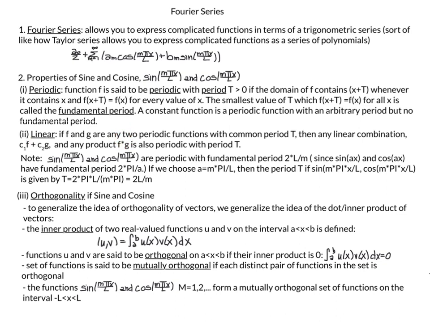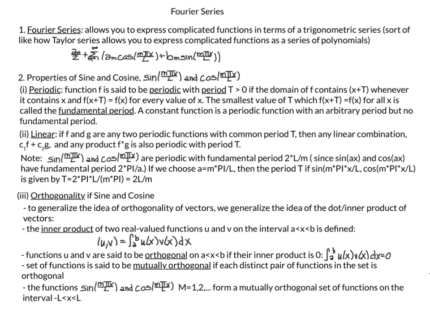And any product f times g is also periodic with period T. And we noted that sine of m pi x over L and cosine of m pi x over L are periodic with fundamental period 2 times L over m, and we had some notes on how to derive this fact.